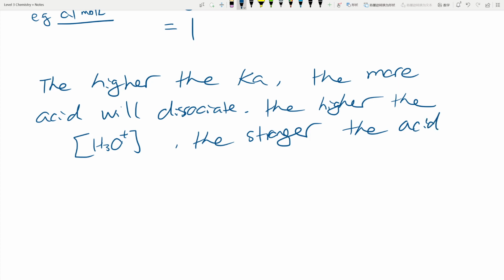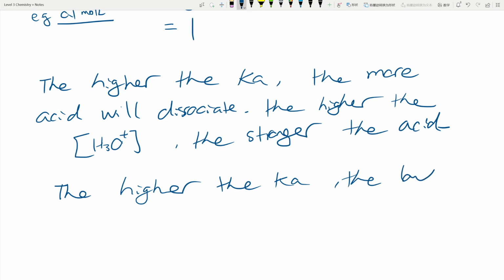Now, mathematically, the higher the Ka, and if you take the negative log of that, the lower the pKa.